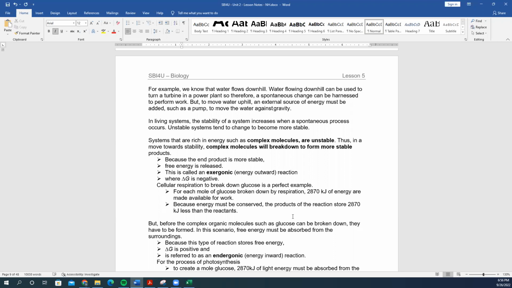And as a result, this is called an exergonic reaction. Again, exer, just like exo, means outward, and the ergonic part means the energy. So it is an energy going outward type of reaction. And in this type of reaction, the symbol for delta G is negative.